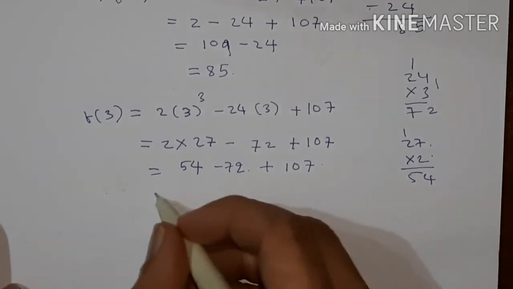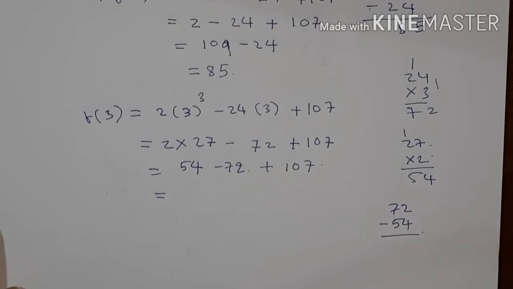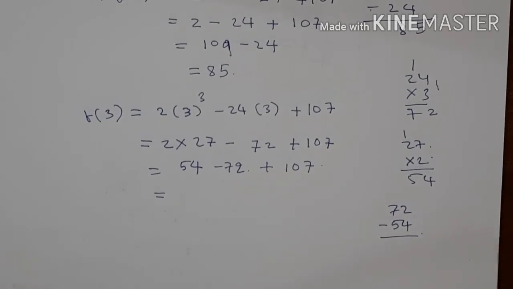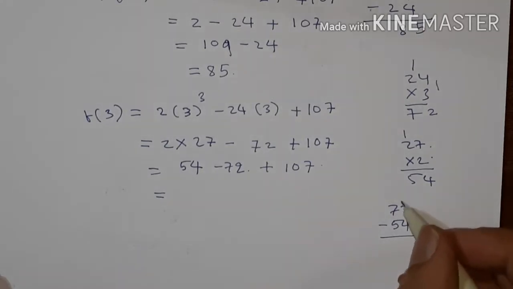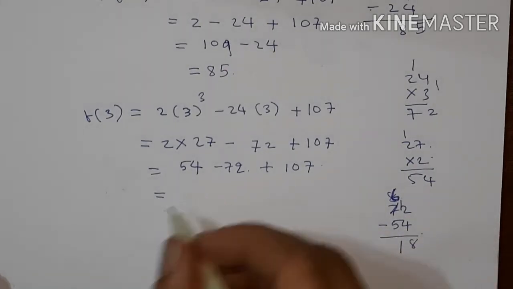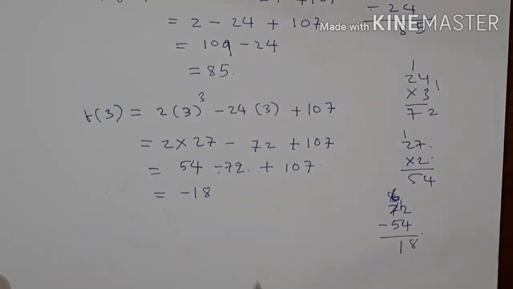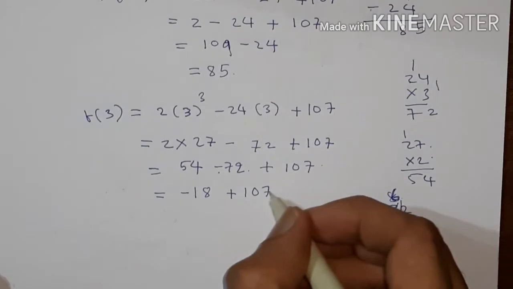So what you will get is 72 minus 54. 1 you borrow, so this becomes 6. 12 minus 4 is 8, 6 minus 5 is 1, so you get 18, and this has a minus sign, so minus 18 plus 107.